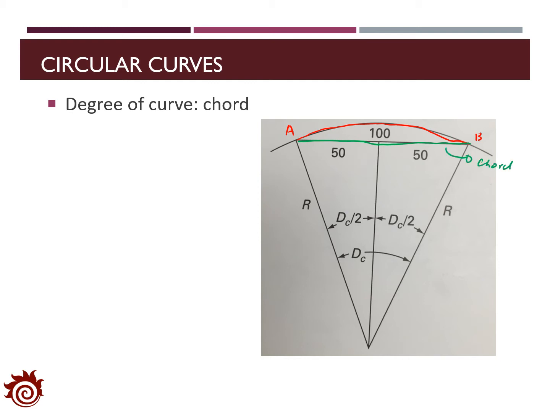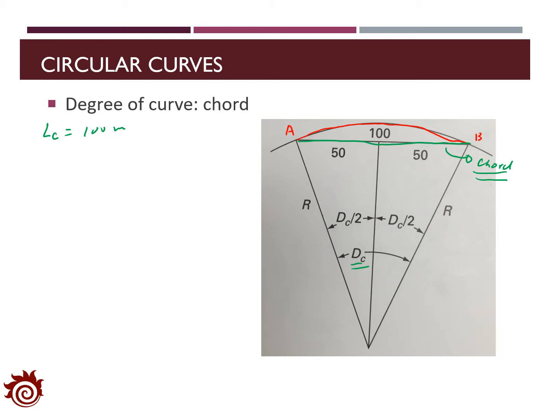In that sense, the degree of the curve with the chord definition is set as the angle with respect to the specific chord length. In the metric system, the standard chord length is set as 100 meters.